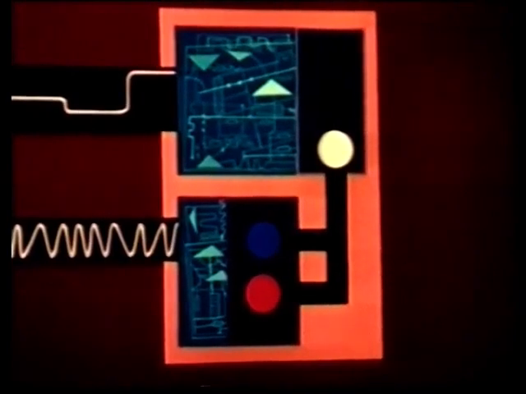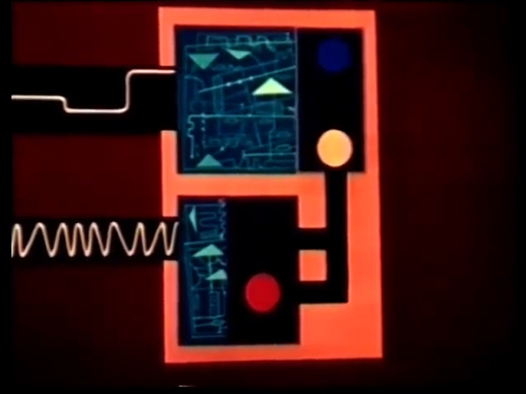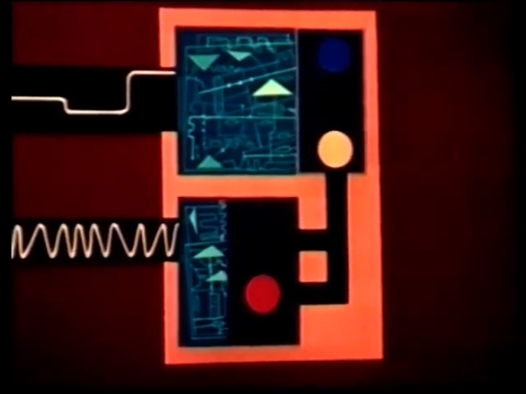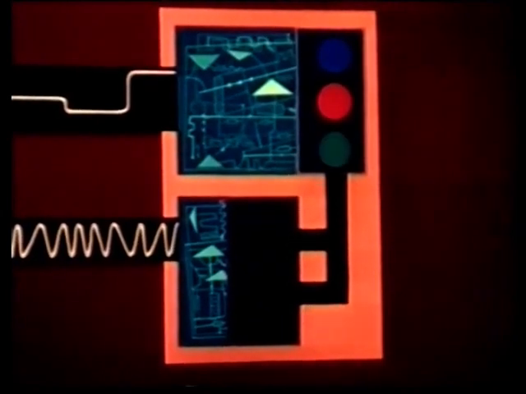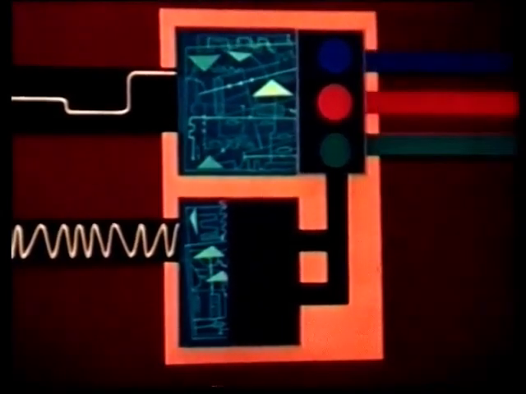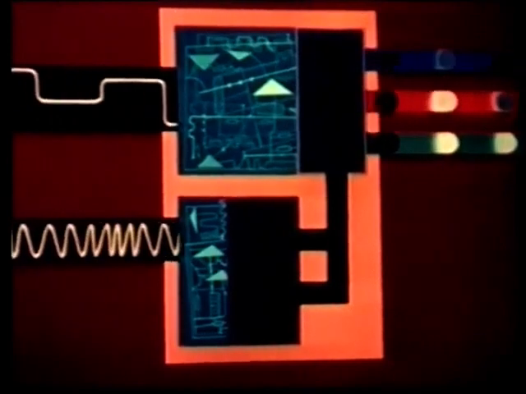Therefore, if we take only the blue and red signals and subtract the blue from the white, we obtain yellow. And red subtracted from yellow gives green. In this way, the three original color signals are reobtained.